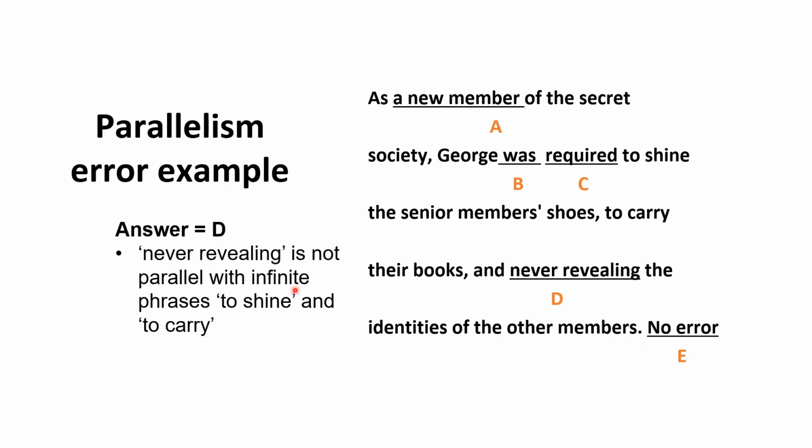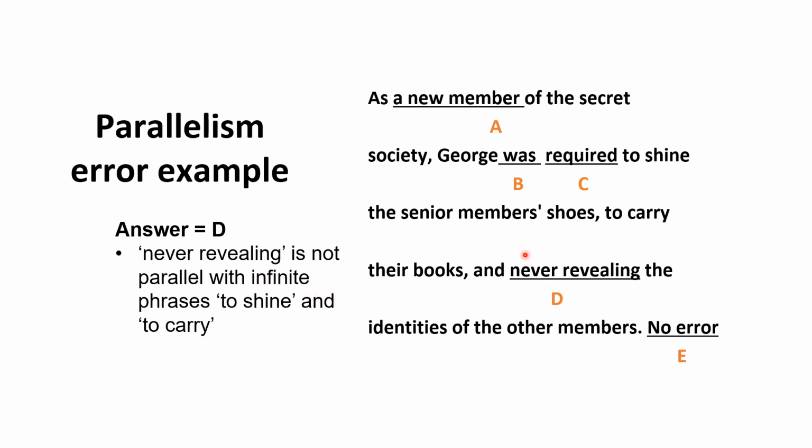Why? Because never revealing, this phrase is not parallel with the infinitive phrases to shine and to carry. To shine and to carry are examples of infinitive phrases, infinitives. Okay, this one is not an infinitive.